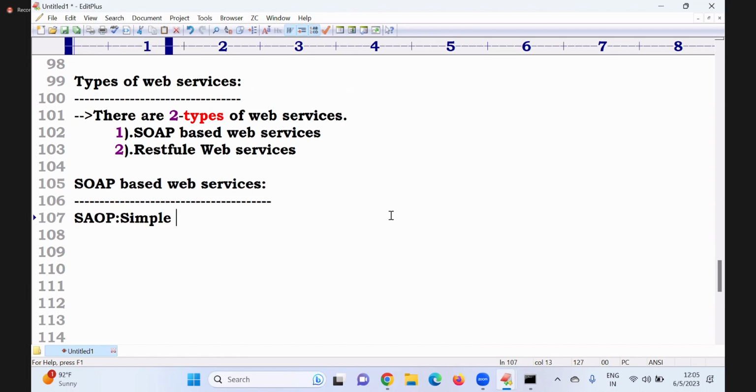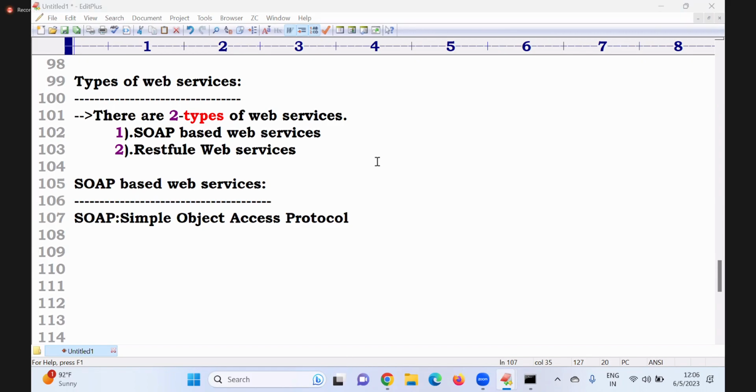S means Simple, O means Object, Access Protocol. I want to access one object using a protocol. What are the protocols? HTTP, SMTP, FTP. They're all protocols. If you came from an MCA background, you know about all these protocols.